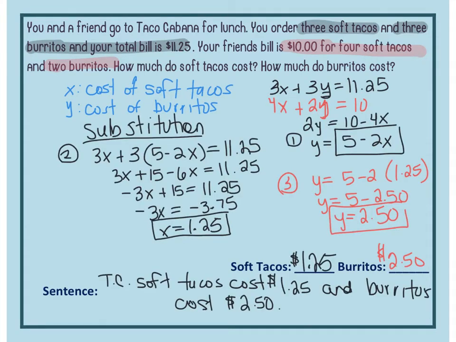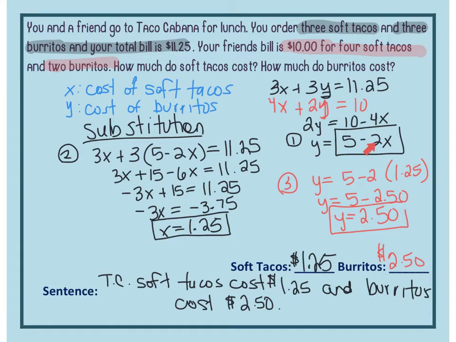Okay, I chose to do the substitution method. In step 1, I took this bottom equation and solved for y. Solving for x would have been hard, guys. It would have meant dividing by 4 and I would have had decimals. If I used this one here, I could have solved for either one, but I saw the 0.25, so I stayed away from it.